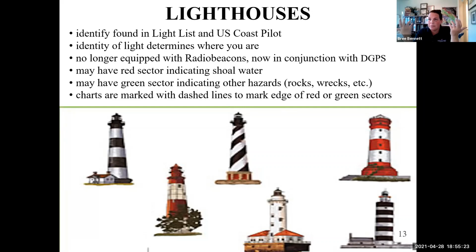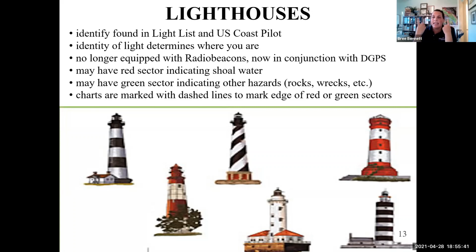Because maybe, I don't know, Disneyland or something erected a lighthouse that looks like a lighthouse, but it's not technically an aid to navigation, right? It's not on the chart. It's not specifically used for navigation.